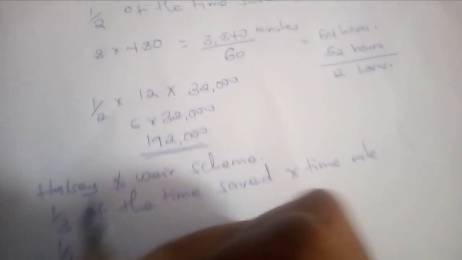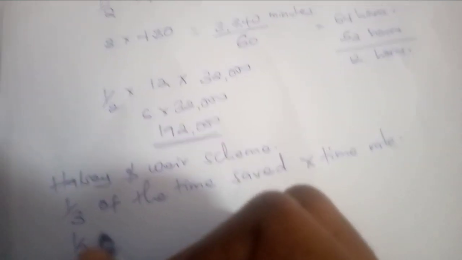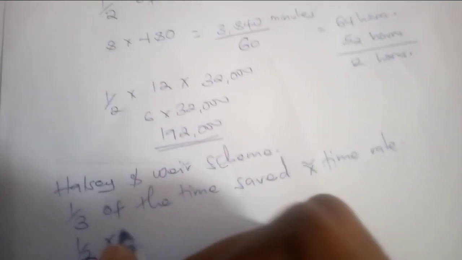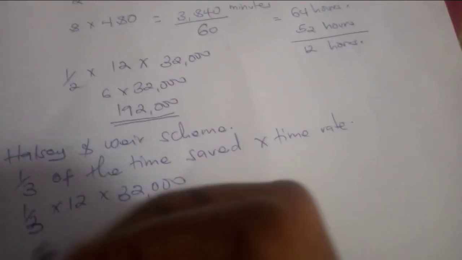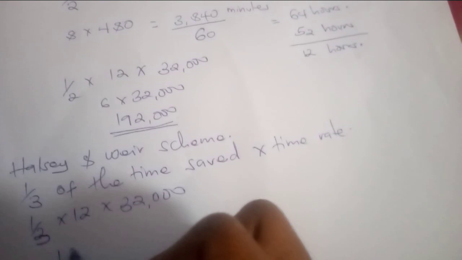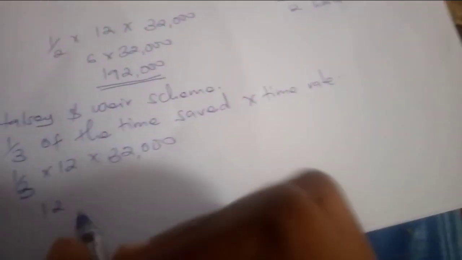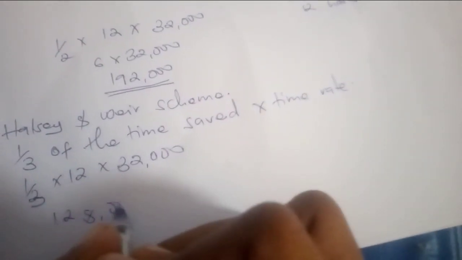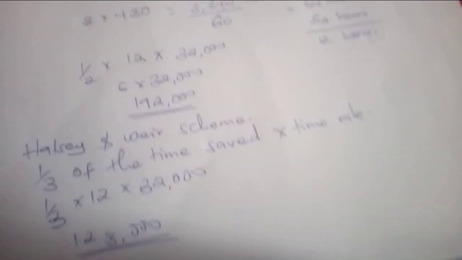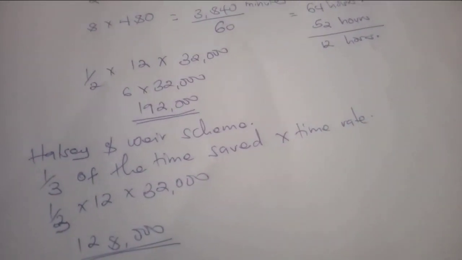So a third, the time saved is 12 hours. A third times 12 hours times 32,000. So it is going to be 128,000. This is the bonus under the Halsey-Weir scheme.